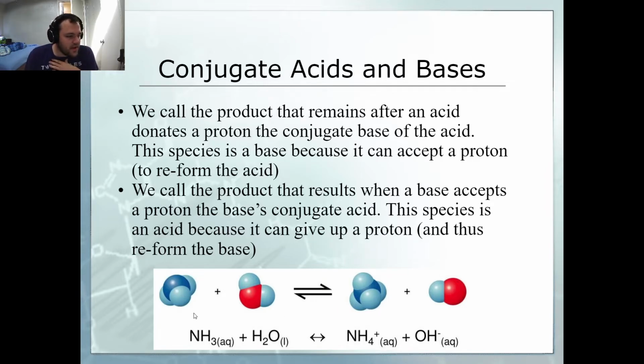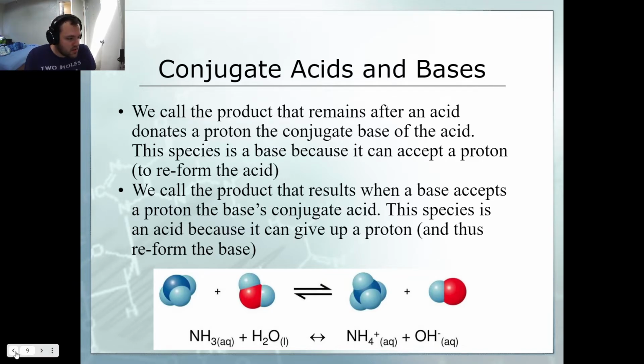So right here we've got NH3, ammonia, or ammonium, I can never remember which is which. It is going to be gaining a proton. It goes from NH3 to NH4 plus. So this extra H plus that got attached to it means it is accepting a proton. That makes it a Bronsted-Lowry base, right?